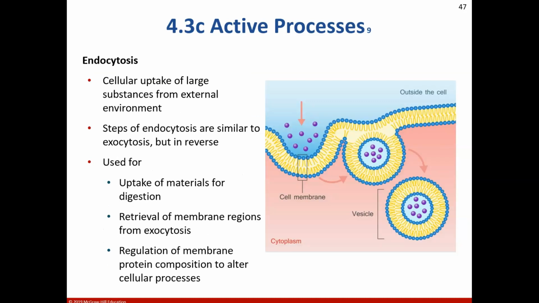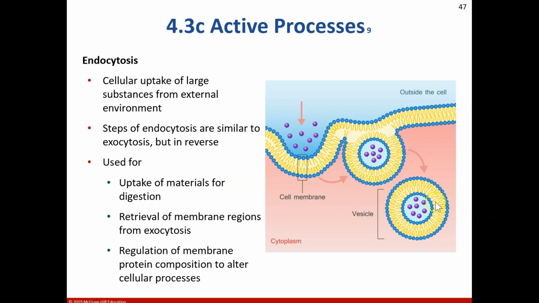Now let's take a look at endocytosis, where we're moving contents inside our cell. We are going to take up a large substance from our external environment, meaning outside of the cell, and our steps are similar to exocytosis, but they're kind of in reverse. So what we're going to do is move the substances toward the plasma membrane here, and then we form a vesicle from the plasma membrane.